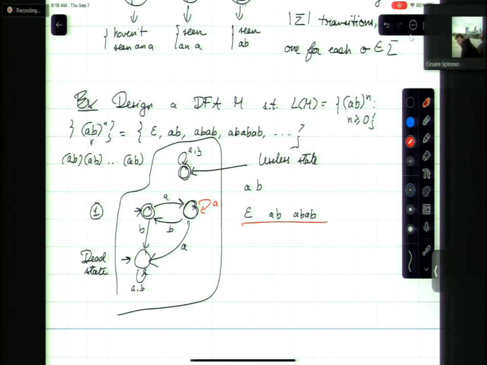For instance, you would accept the string AB, because you would do A, B, and that's no good. So the machine has to accept A B N and only A B N. There can't be any false negatives, and there can't be any false positives.